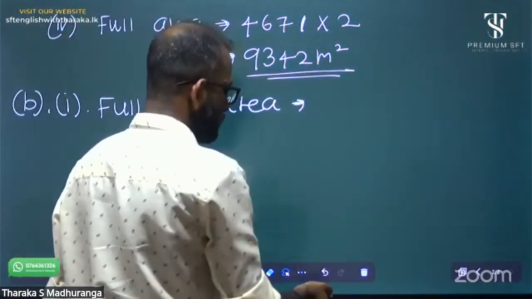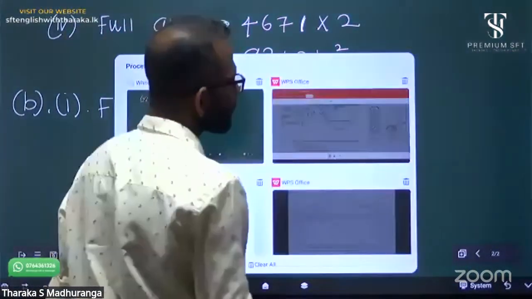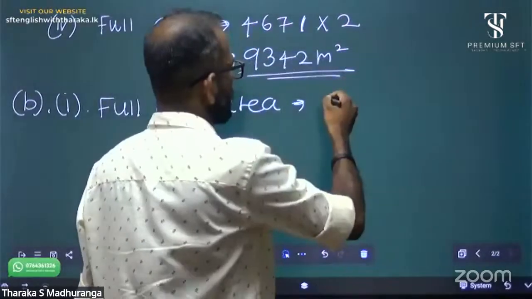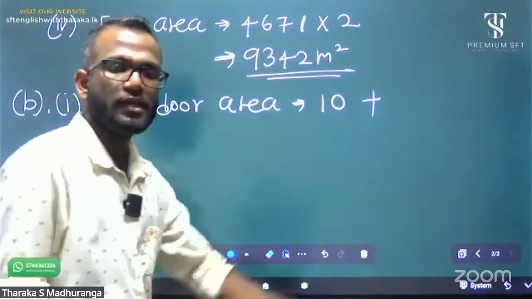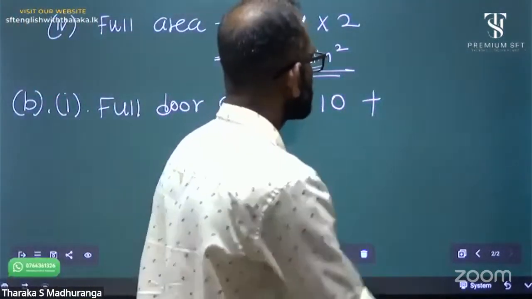What is the rectangle area? 2 into 5, it is 10. That's the rectangle area. 10 plus the semicircle area.